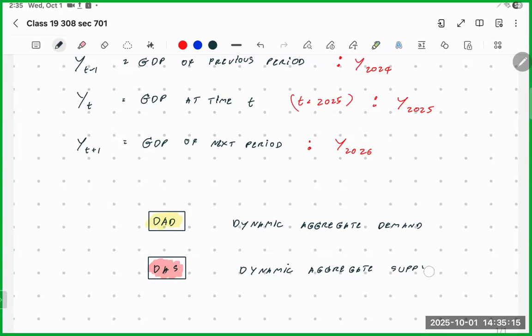Dynamic aggregate demand is the demand for the whole country, and it can change over time. Dynamic aggregate supply is the supply for the whole country, and this also can change over time.